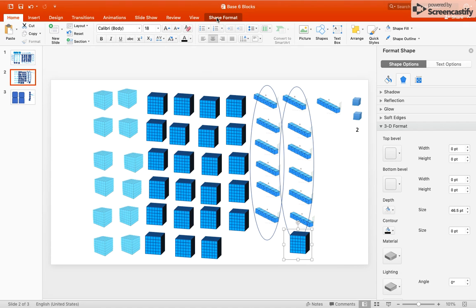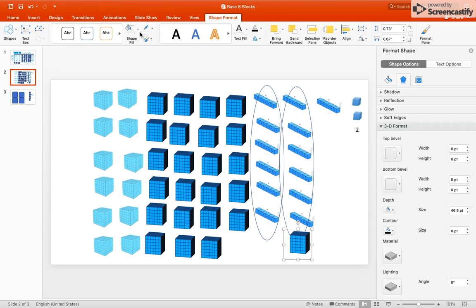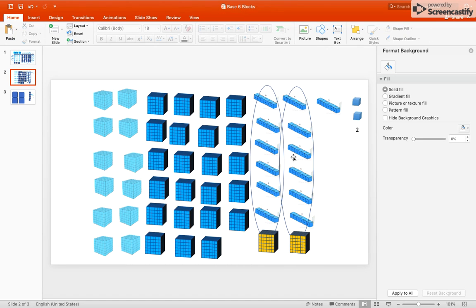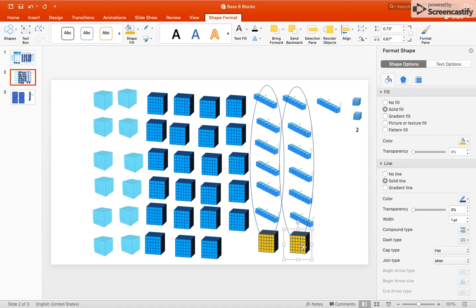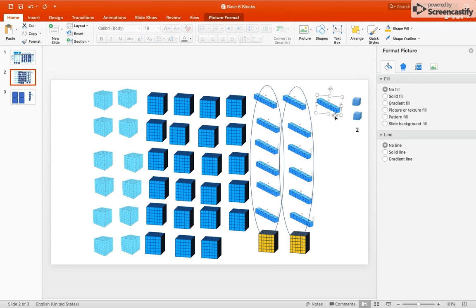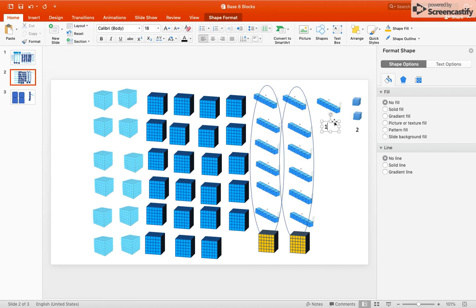I'm going to change the color of this so that we know it's a new one we got from regrouping. The same thing happens with my second group of 6. So my 2 groups were regrouped into a hundreds place value because once I have 6, I move over to my next place value. That only left me with 1 ten block left over.